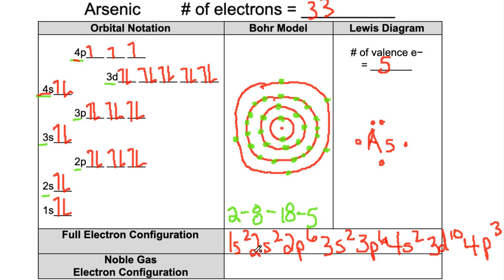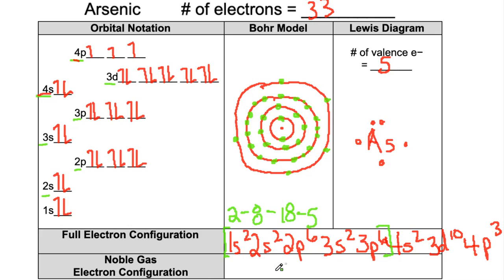Okay, now you can see the full electron configuration got pretty long, honestly. When we did argon last time, we saw that argon's configuration was all of this stuff right here. So the noble gas configuration is a way to write this shorter.